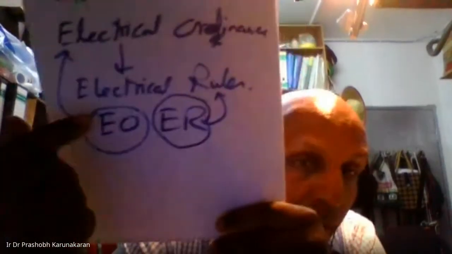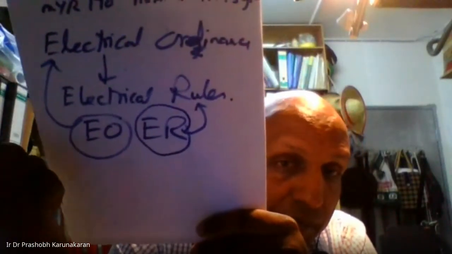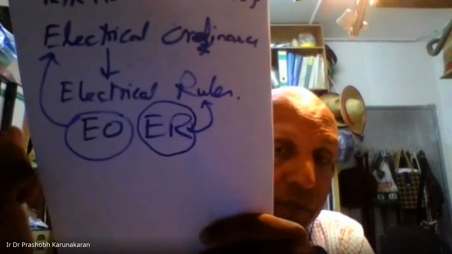That's why your exam is EOER: Electrical Ordinance, Electrical Rules. In fact, for me, it doesn't make sense why they do that. Maybe a bit of sense, because the law is always the big things and the rules are the finer things.